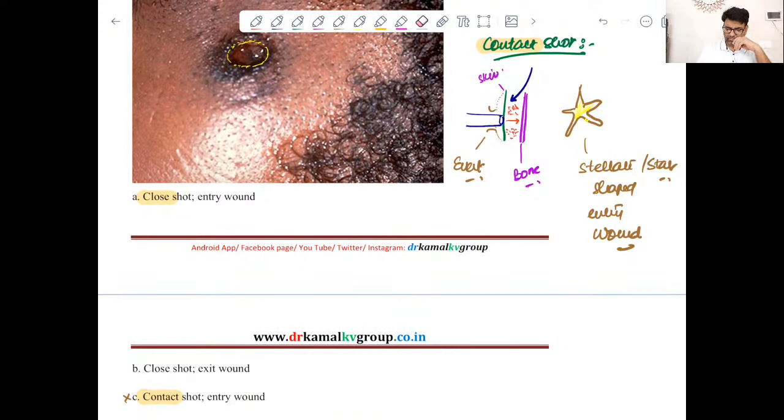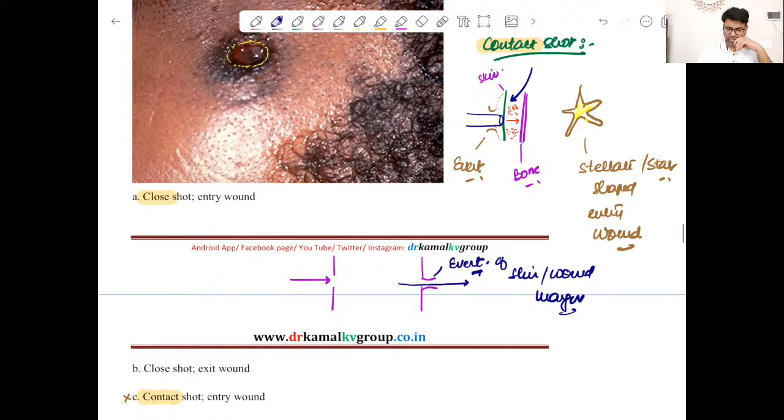Number two, what happens whenever the bullet comes out? So suppose this is the skin, and this is the point of entry, and this is the skin at the point of exit. So the moment the bullet comes out, it is again going to evert the margins of the skin. So eversion of skin margins or wound margins, right?